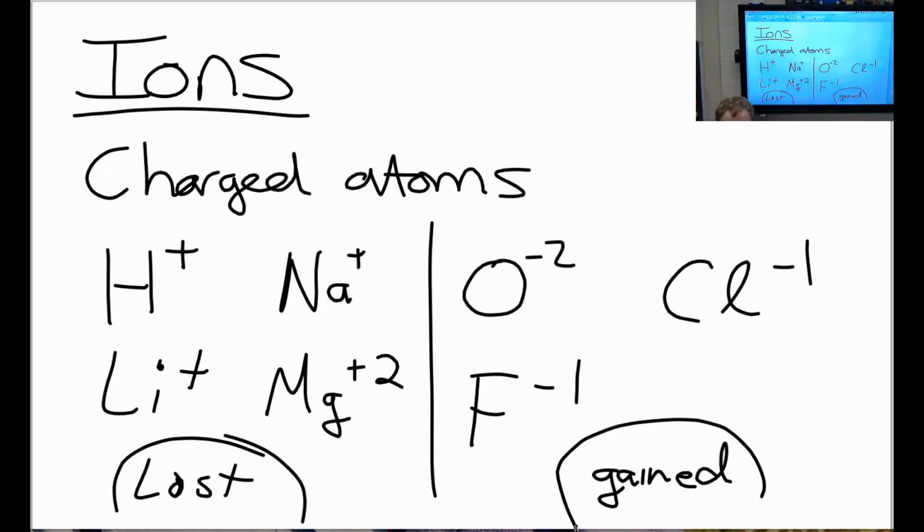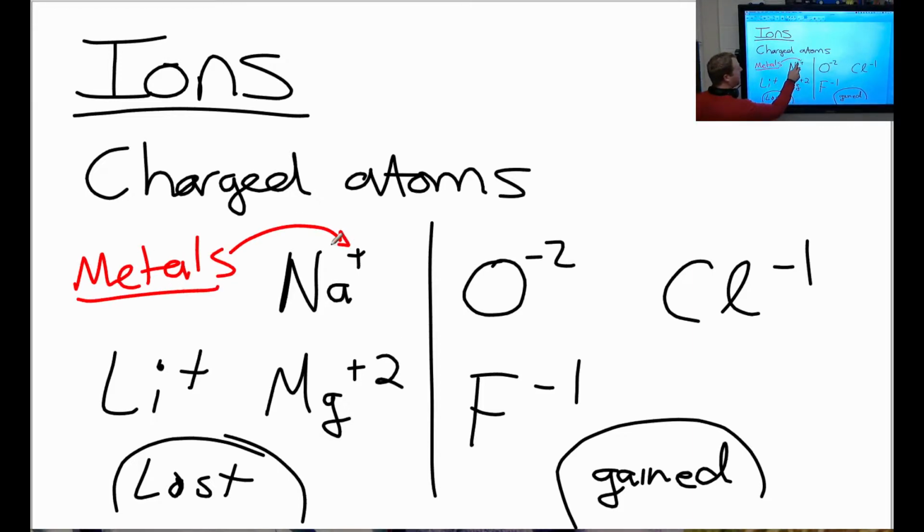When you have ions, they form bonds because opposites attract. Positives like negatives. They form bonds. So metals will form with nonmetals. Notice that if I exclude hydrogen, and I will for just a second here, these are all metals. Metals form positive ions.